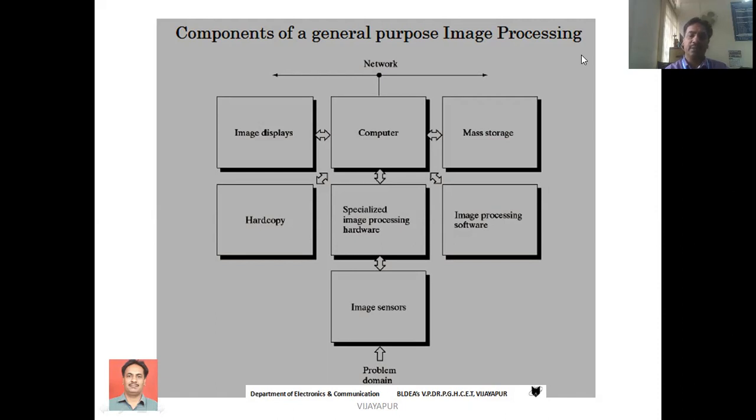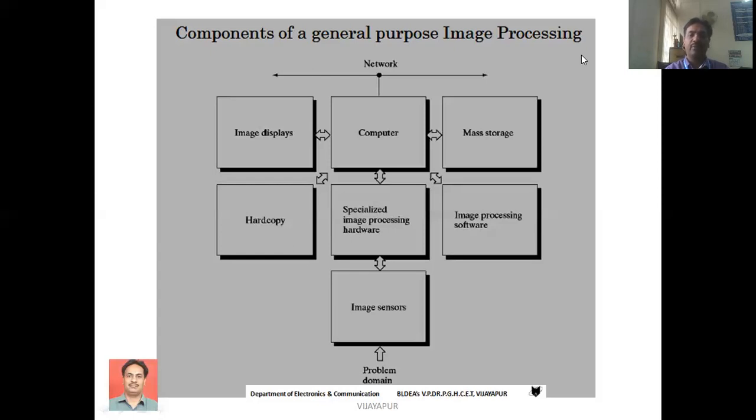By using that energy, the image is formed, but the image formed will be of analog form. Okay. So to convert this analog image into a digital image, there exists one more part, which is called the digitizer. This digitizer converts the captured analog image into a digital form.